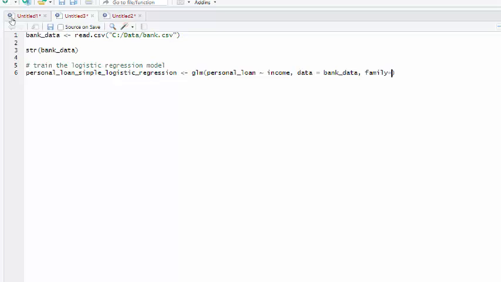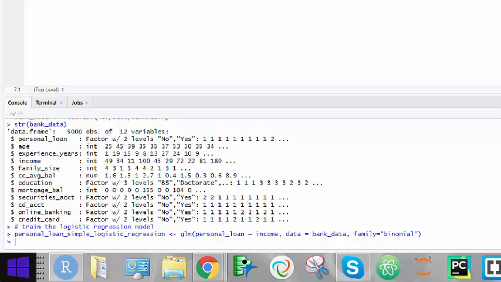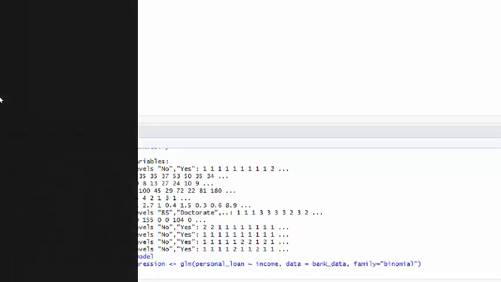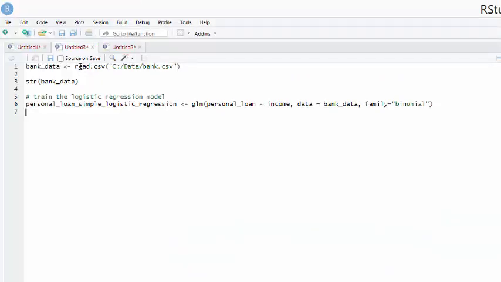So family equals, in quotes, binomial. That's how we tell the GLM function that you have to use logistic regression. Family equals binomial, and that's pretty much it. You run it, you don't see any red bad stuff, it's all good. Excellent.